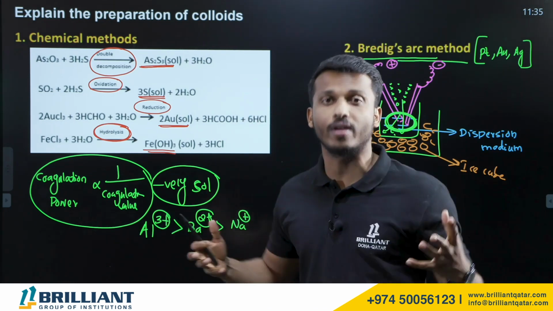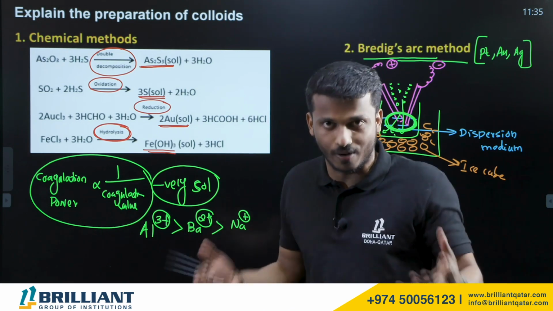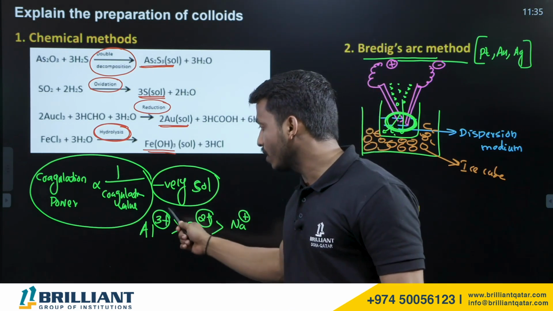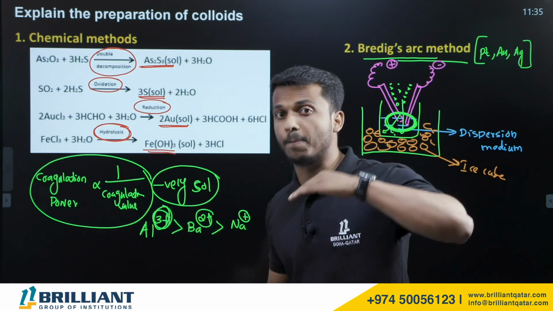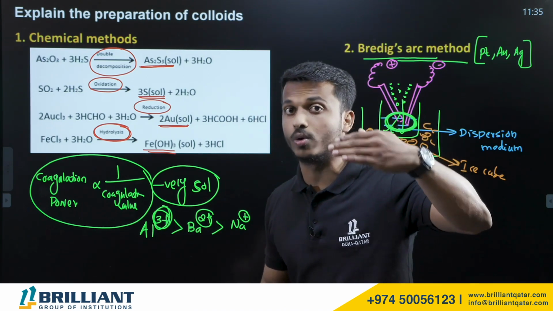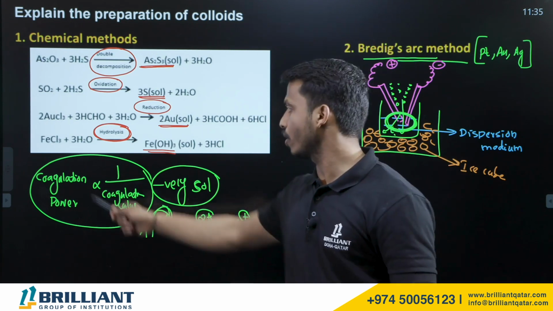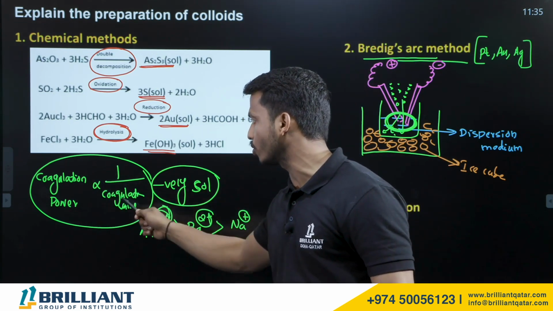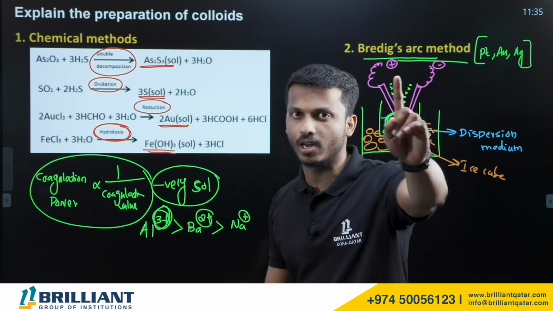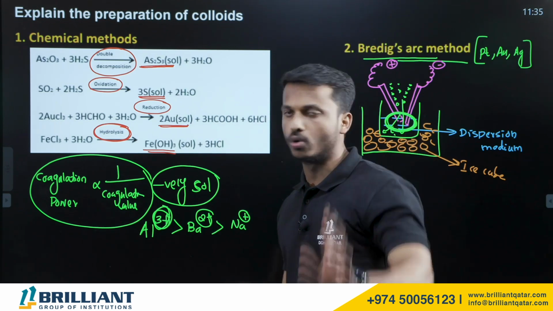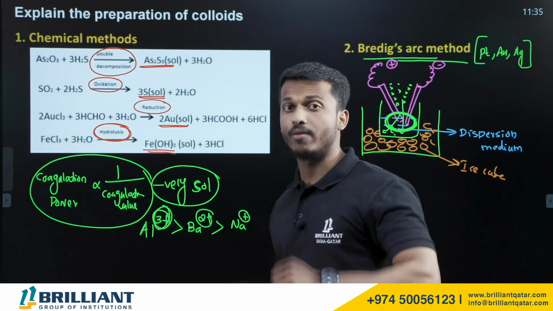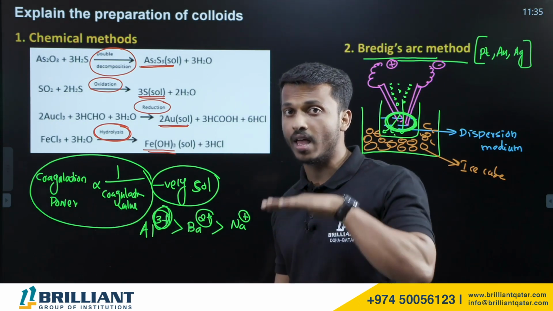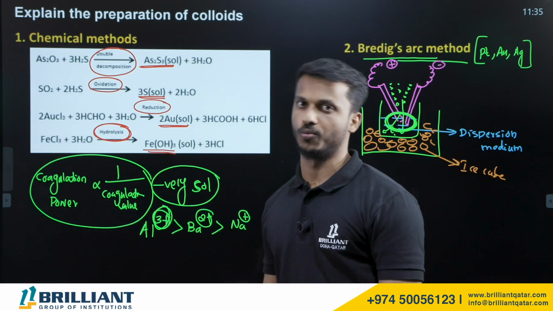It can make coagulation and precipitation faster. But if the charge on the ion is greater, its coagulation power is greater, but its coagulation value is lesser, because coagulation power is inversely proportional to coagulation value. Finally, according to the Hardy-Schulze rule, if the charge on the ion is greater, it has high coagulation power and low coagulation value.